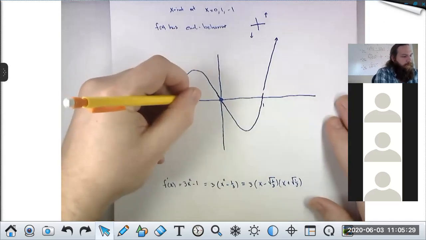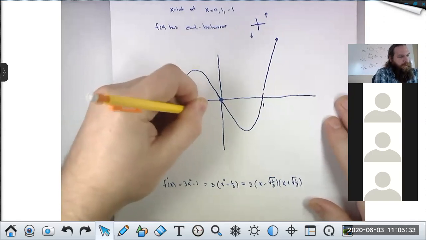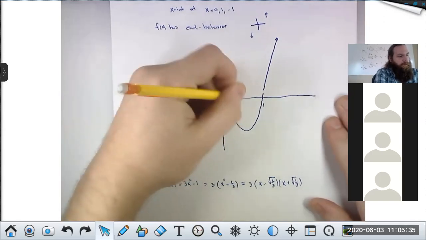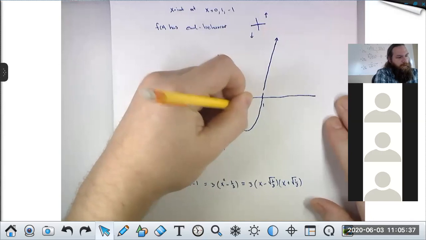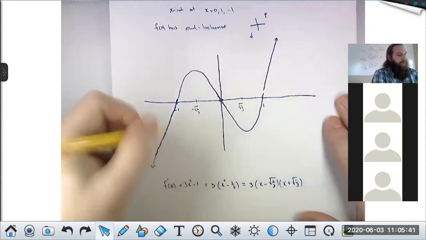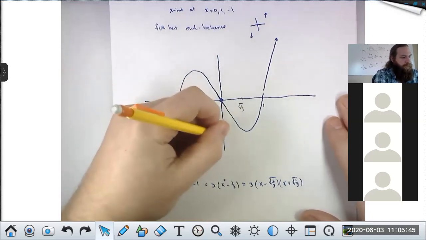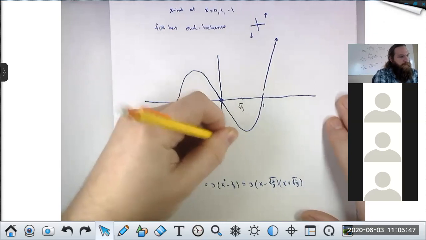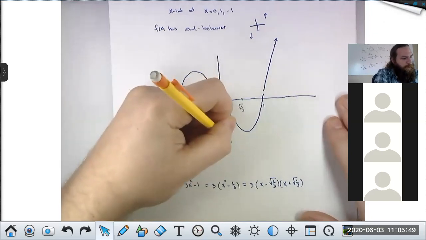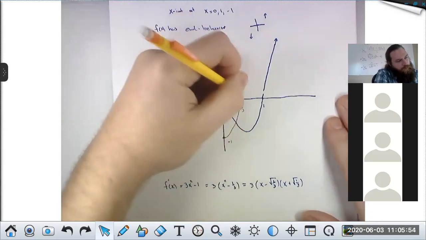The negative square root of 1/3 is right here. The positive square root of 1/3 is right here. It has a y-intercept of -1, which is also the vertex. And the graph of f prime looks like this.